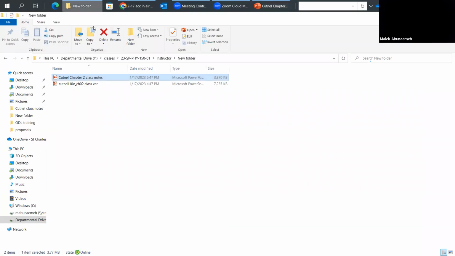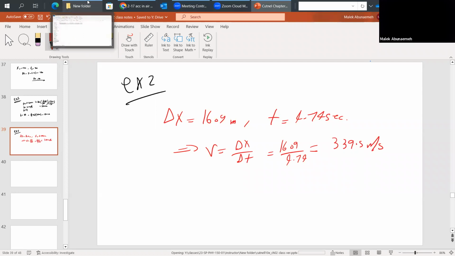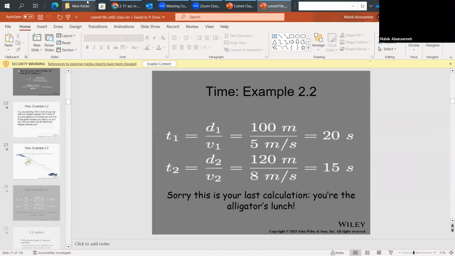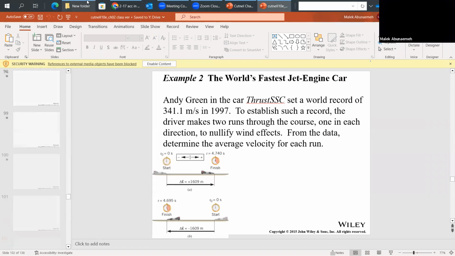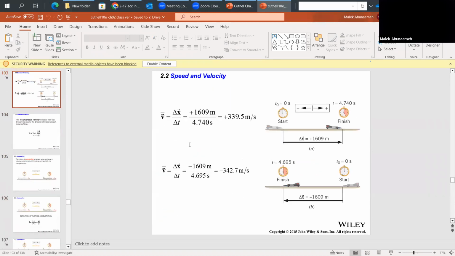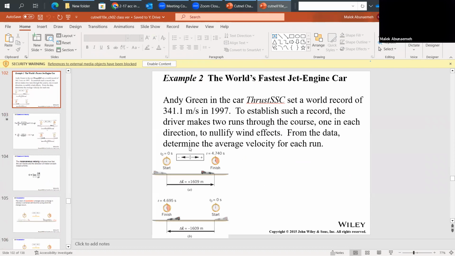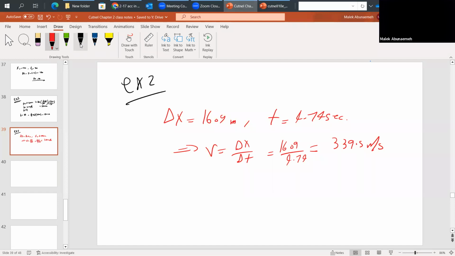On our second one, the delta x is going in the negative direction, so we have minus 1609 meters at t equals 4.695 seconds.